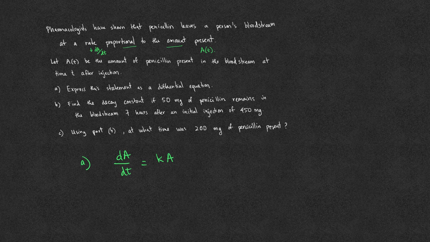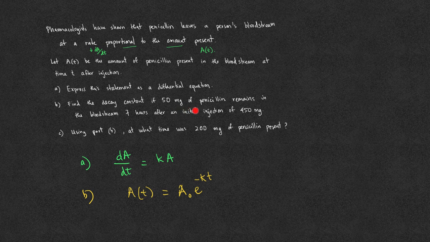With this differential equation, we are guaranteed that the solution is A of t equals the initial amount A0 e to the negative kt, where k is the rate that we need to find. We need to use the negative because this is the decay rate. This is the amount at any time given the initial amount. k is the rate and t is the time.